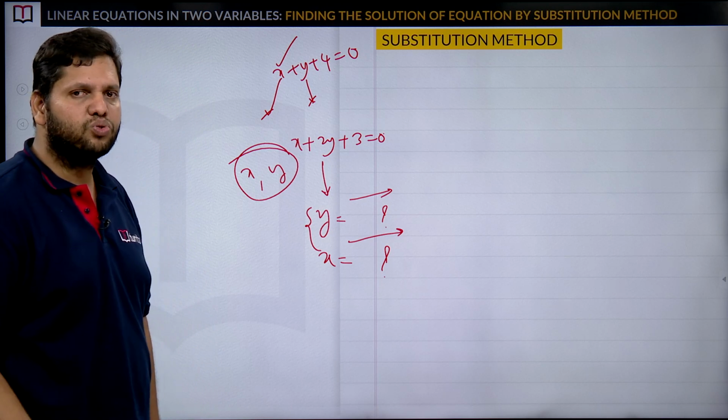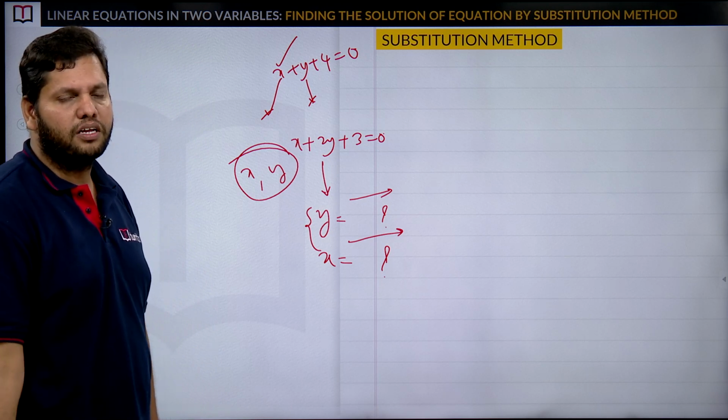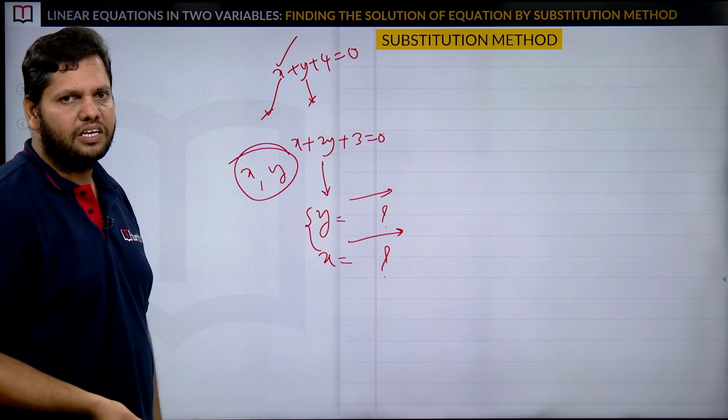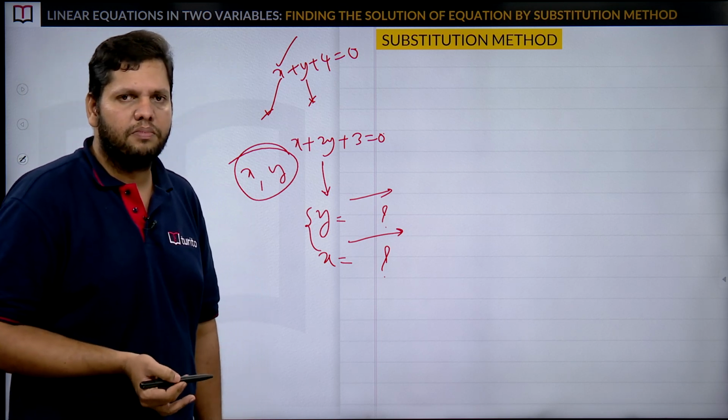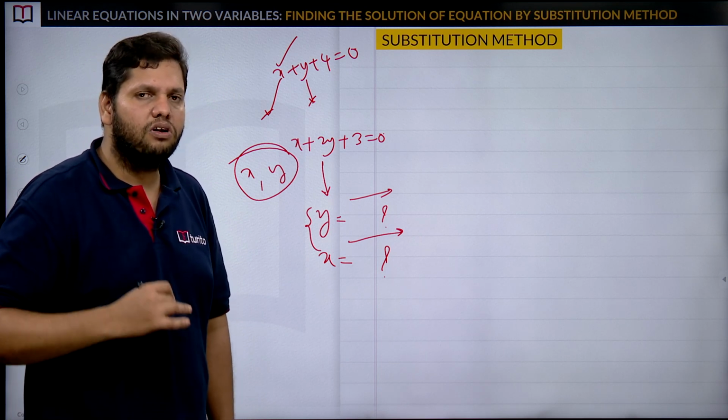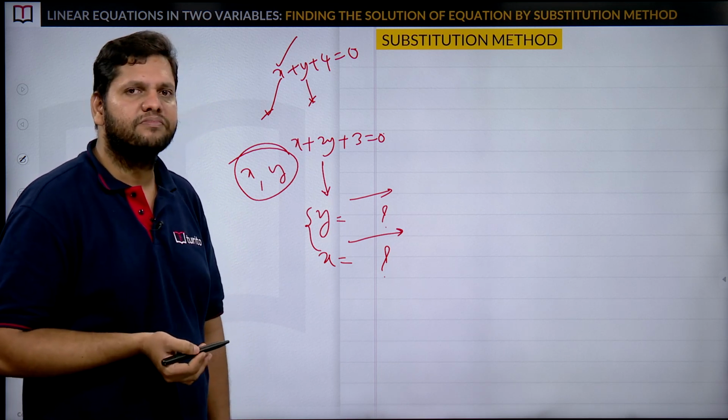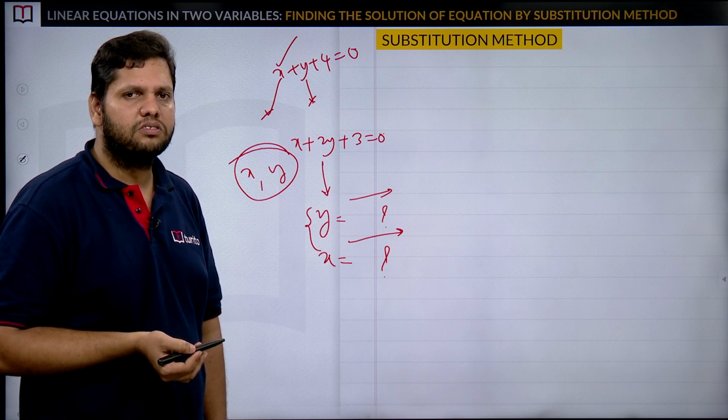That is called the substitution method. You can think of it as replacing. We are replacing y in terms of x, or replacing x in terms of y. Clear, children, this method? Any doubts?